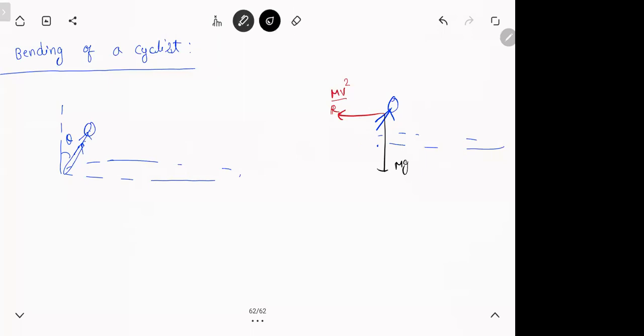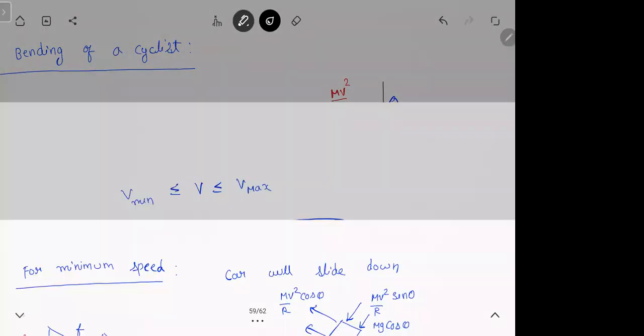So I just extended this, and this is going in a circle there. If you take this angle to be theta, we get tan theta is equal to opposite side mv square by r over mg. You end up with v square by rg. Can you see something? This is same as this speed.